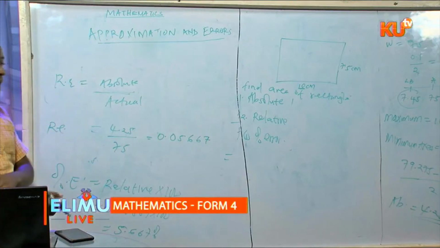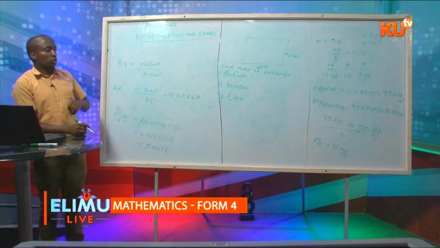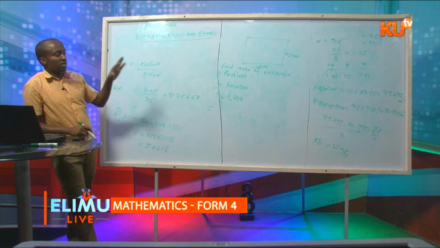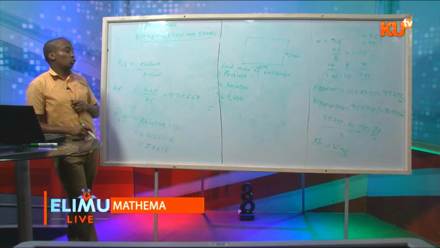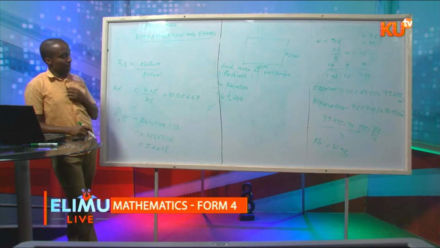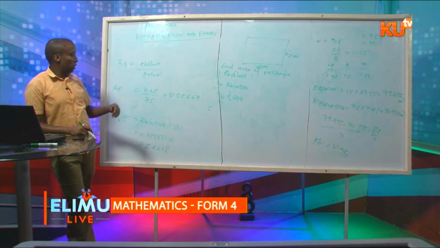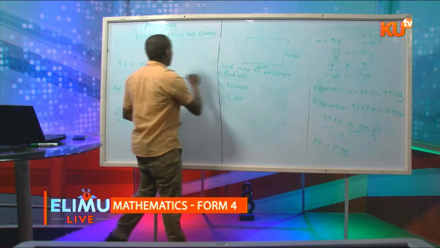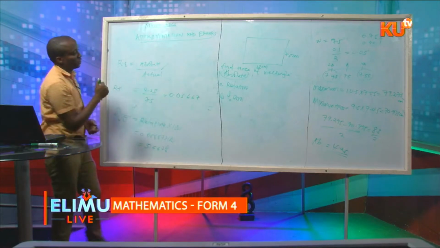The absolute is the maximum minus the minimum divided by 2. You get the absolute error. For the relative error in multiplication, what changes is the absolute, but the others remain the same, as the formula goes.